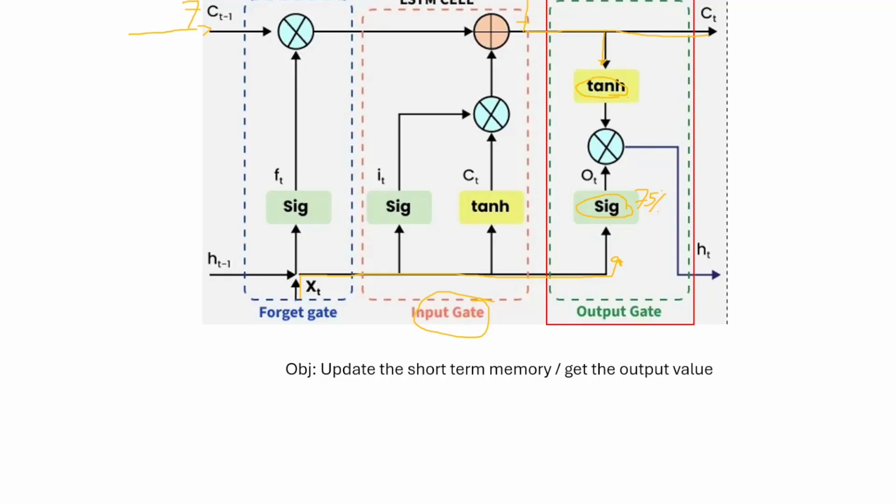Let's say it was between -1 and 1, so it's 0.5. Multiply the 0.5 by the 75%, and that value that we got is the output of our, let's call it y. It's the output of all of our long short-term memory.